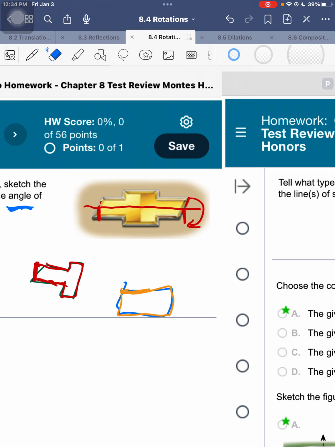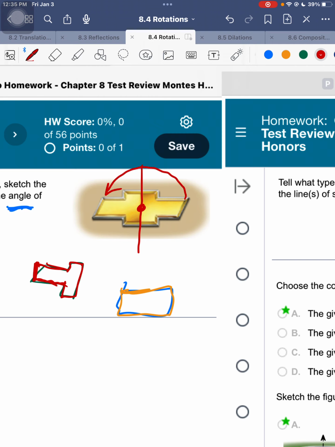So it doesn't have any lines of symmetry, but it does have an angle of rotation. If this was my center of rotation and I rotate this 180 degrees, then it will land on itself.